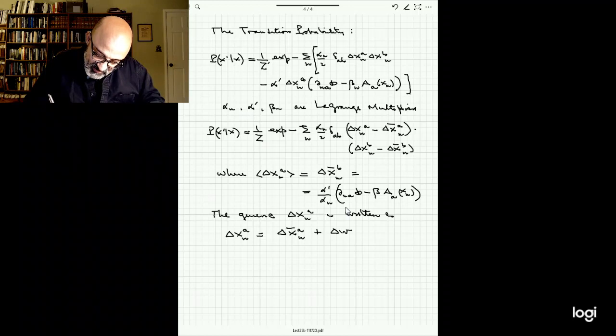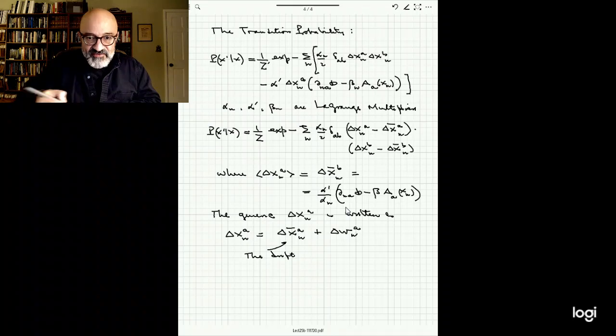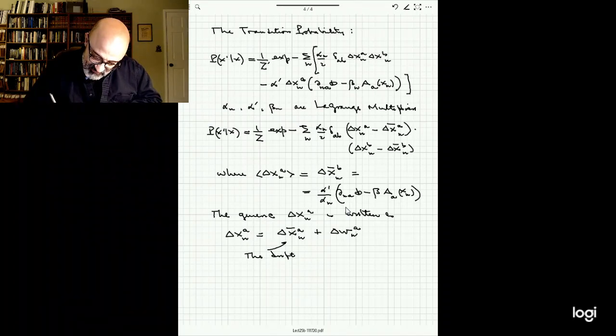Let me write it like that. So this is called the drift, or average drift, or expected drift, and these are called the fluctuations.